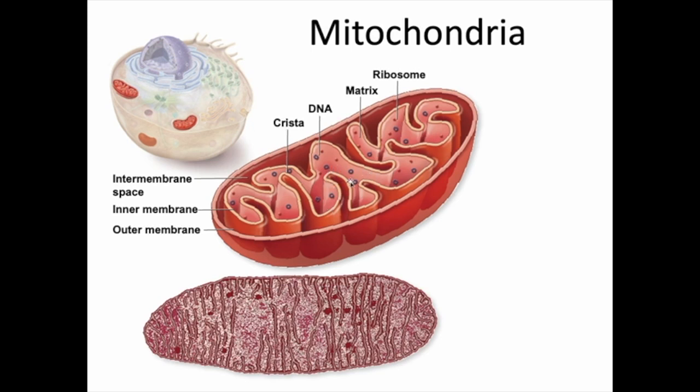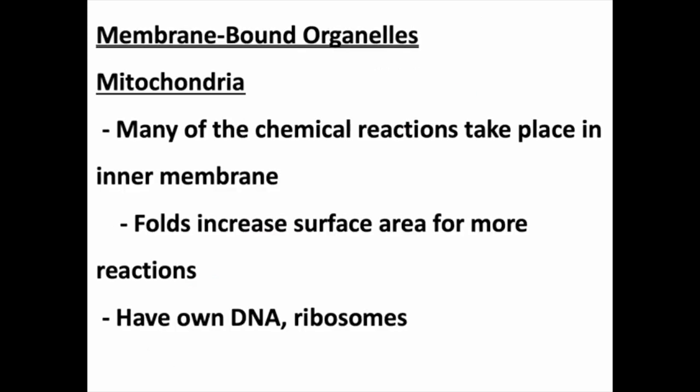The reactions that they're doing in this inner membrane are that important. However, they do retain some amount of independence by having their own DNA and ribosomes. So you don't need to worry about the backstory. I think it's cool. But the important thing to note is that these organelles do, strangely, have their own little amount of DNA and their own little protein factories, their own ribosomes.